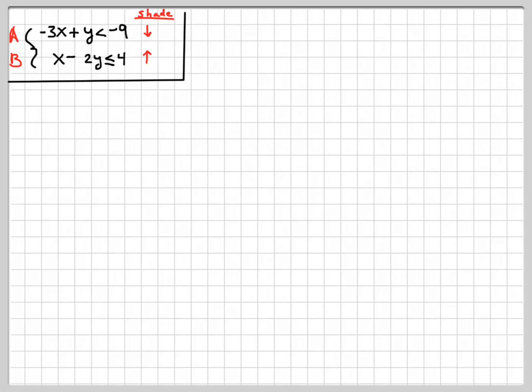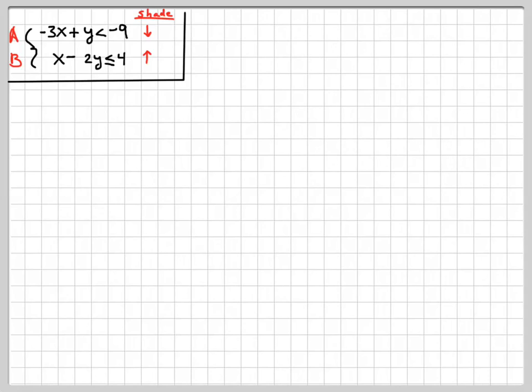In the inequality B, once again, I look at the y and its coefficient, and I see that it's a negative 2y. I want that to be positive. So in order to make it positive, I'm going to move it over to the right side of the inequality. If I move the negative 2y over to the right side, it'll say that 2y is greater than or equal to.